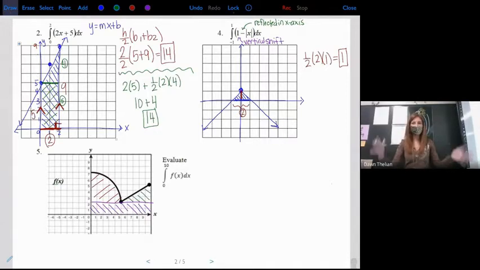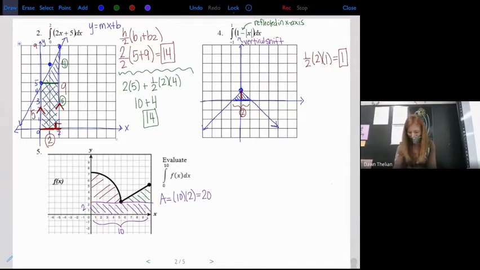If I need the full area to the x-axis, I can just break it up into the different shapes. So let's first do our rectangle. The area of the rectangle is the full base of 10, and then the height of just 2 boxes. So 10 times 2 is 20.